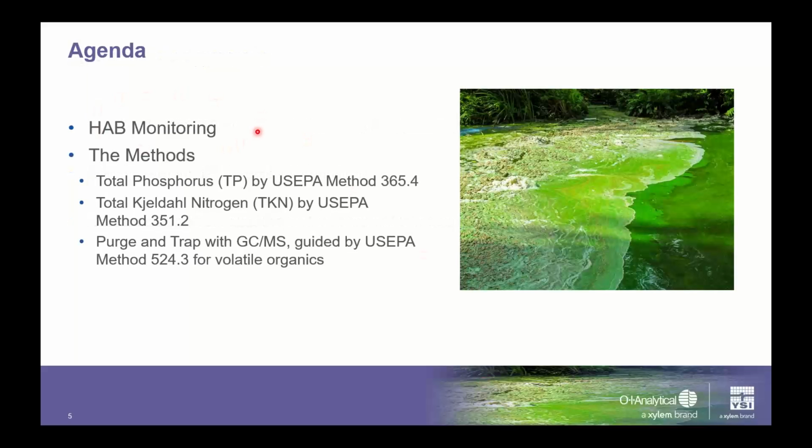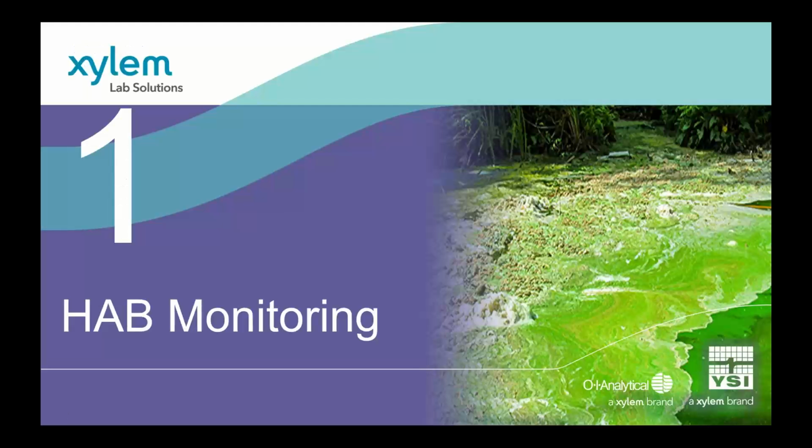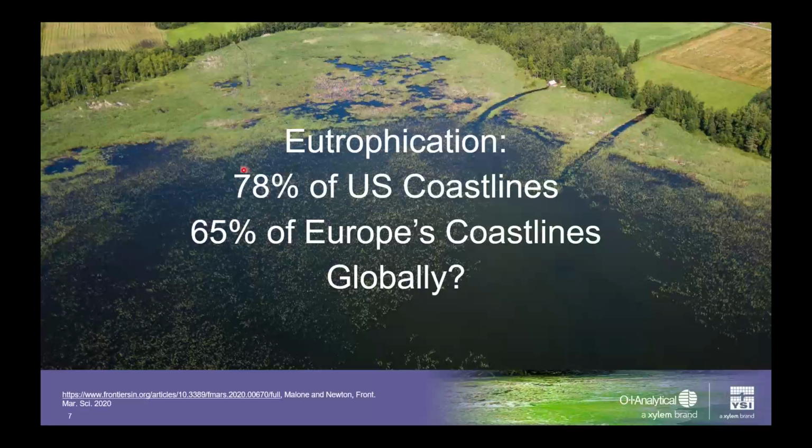We're going to talk about harmful algal bloom monitoring and why you need methods like this in the laboratory, even though most stuff I've talked to you about in the past has been about doing monitoring elsewhere in the field, really. So first of all, let's talk about the root cause.